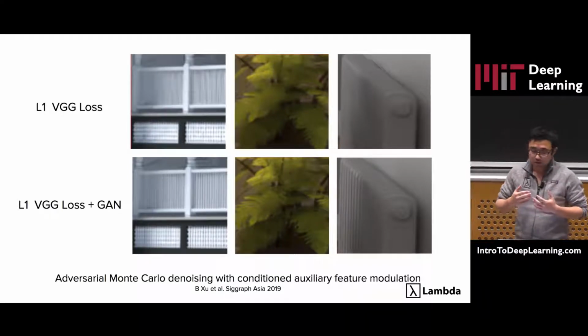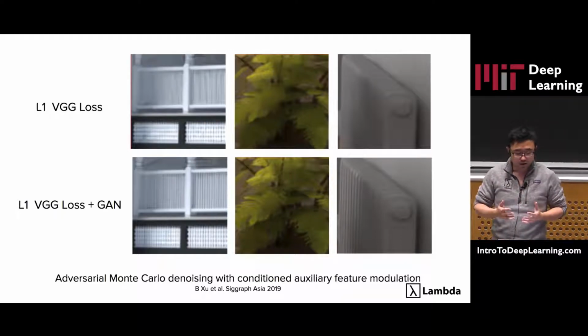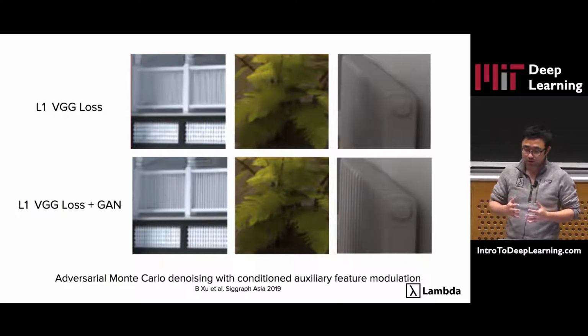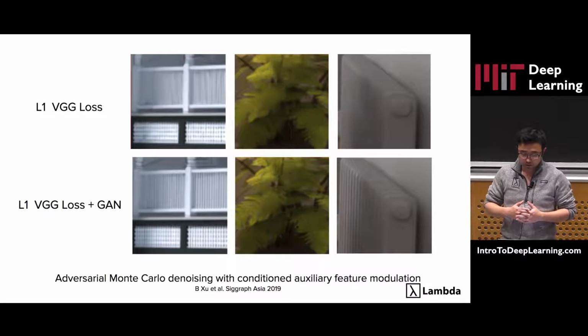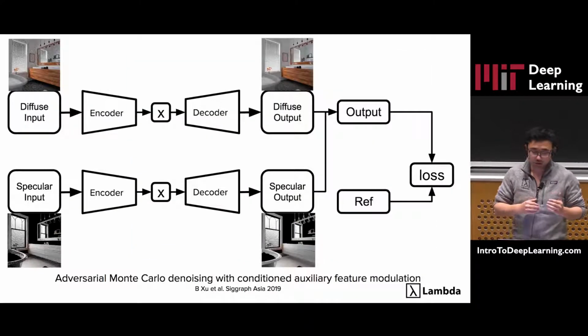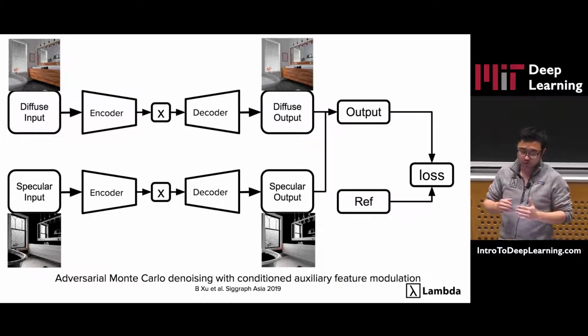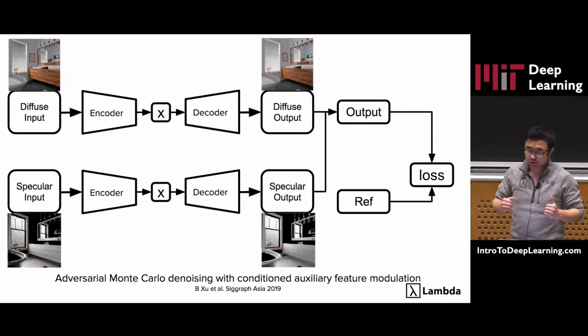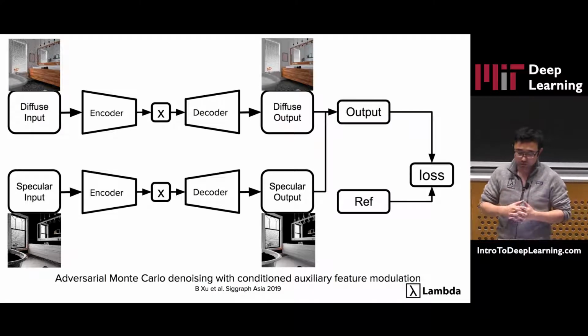Denoising natural images has been studied for a long time, but denoising Monte Carlo rendering has some very unique points. The first thing is we can separate the diffuse and the specular components and run them through different paths of the network, and then merge the results together. And this tends to improve the result a lot.